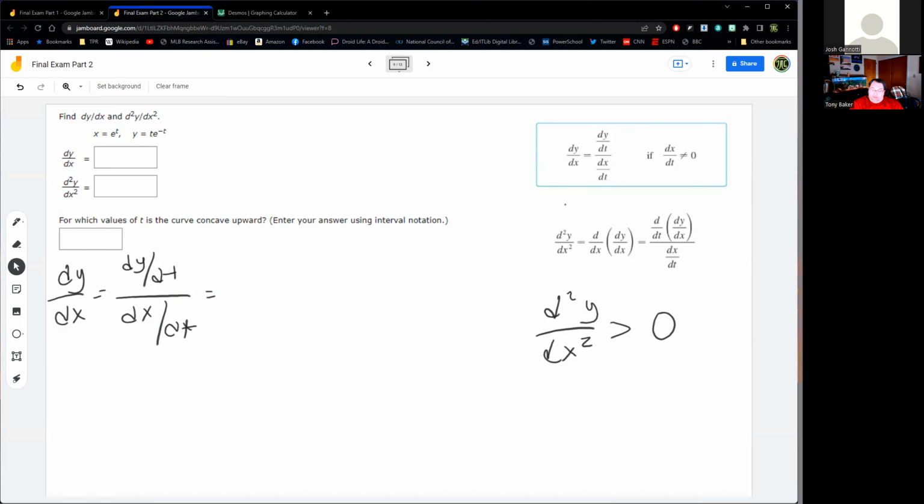It's the derivative of the first, which is 1, times the second, so you get negative e to the t, plus the first, which is t, times the derivative of the second, which gives you negative 1 e to the t. So that's going to be minus, subtracting there. Then the bottom is just the derivative of e to the t, which is e to the t.